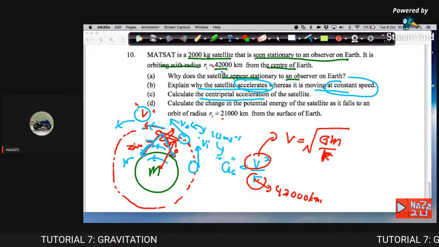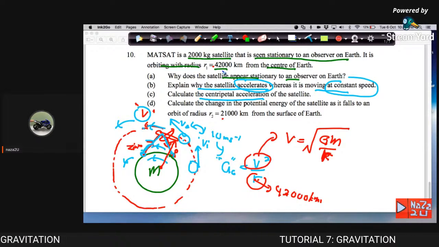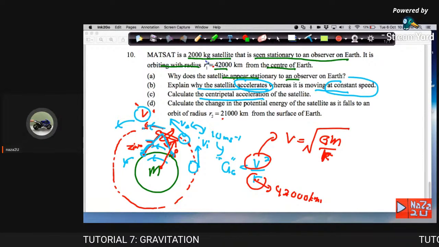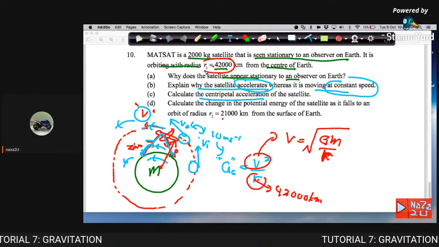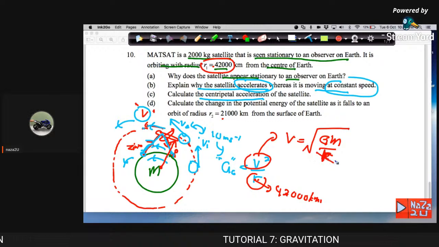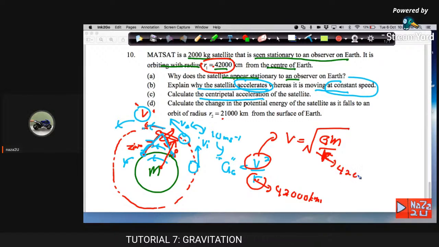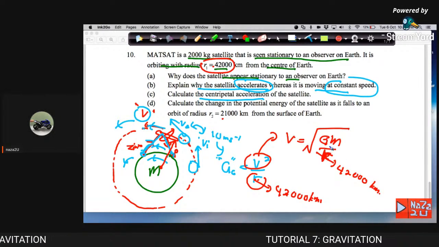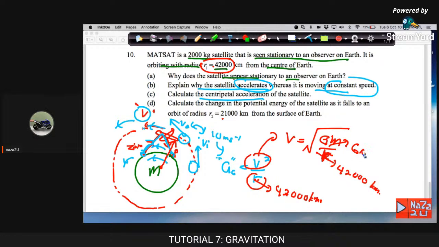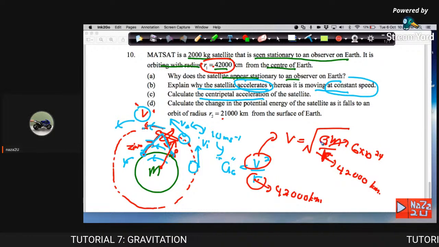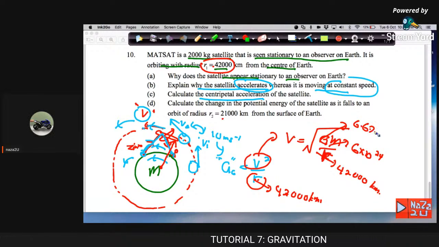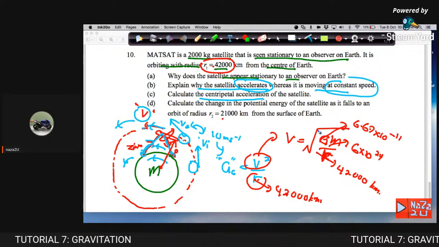Oh, ataupun dia terus bagi ni r sini. Okay, so terus kita pakai sini 42,000, this is kilometer. Make sure aku tukar pada meter dulu. So mass of the earth is constant, 6 exponent 24, and the G is also constant, universal, 6.67 exponent minus 11. Jadi kamu boleh kira v.